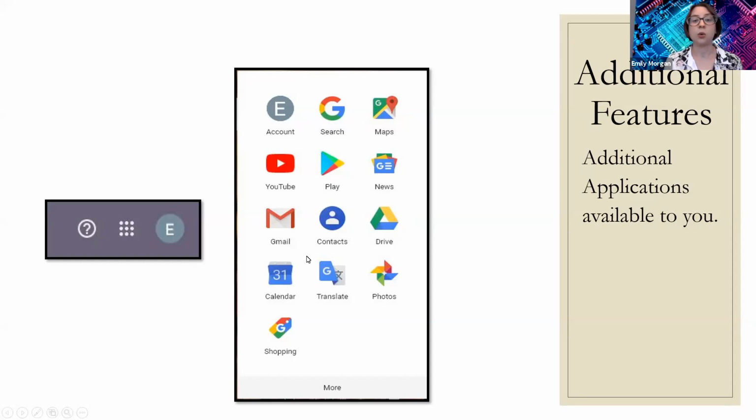You have access to Google Translate, which helps you translate other languages into English. If you're looking at a road sign that's not in English, you can use Google Translate to get a general gist of what the sign says. Your Google Photos, again, are going to be your cloud-based photos. And then shopping.